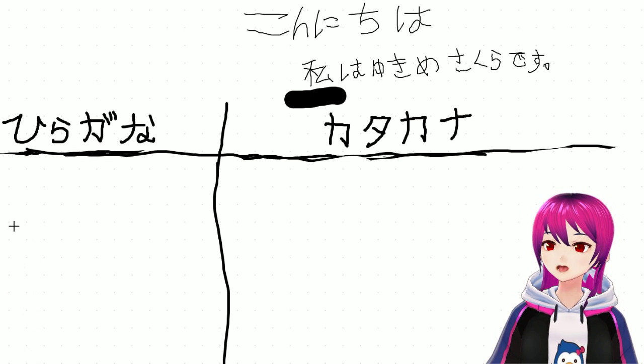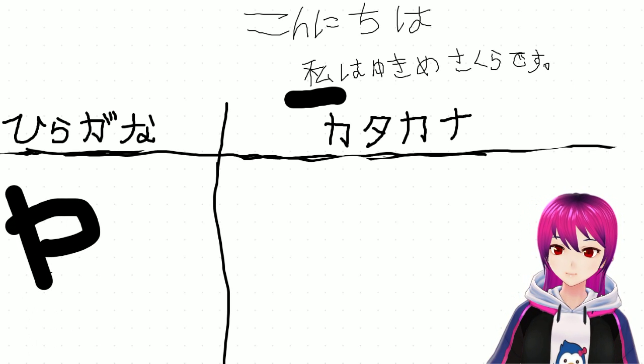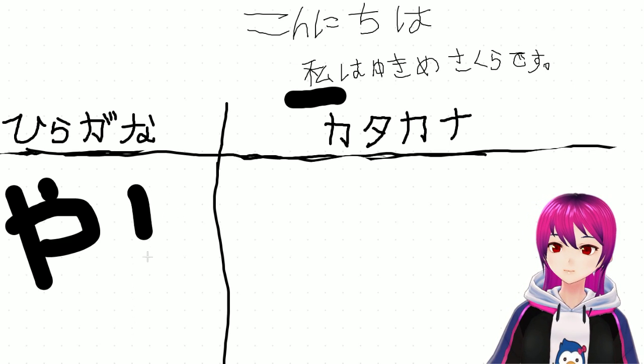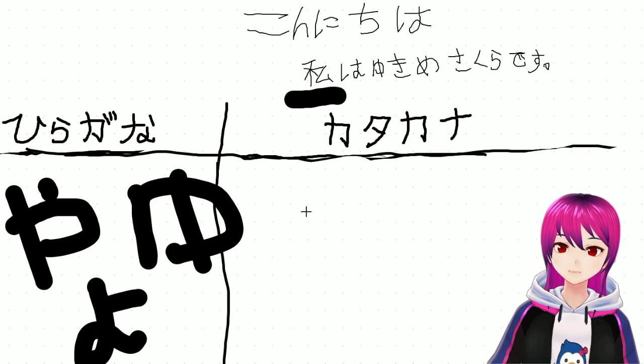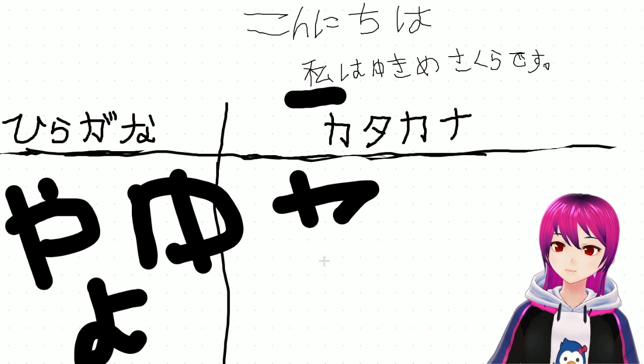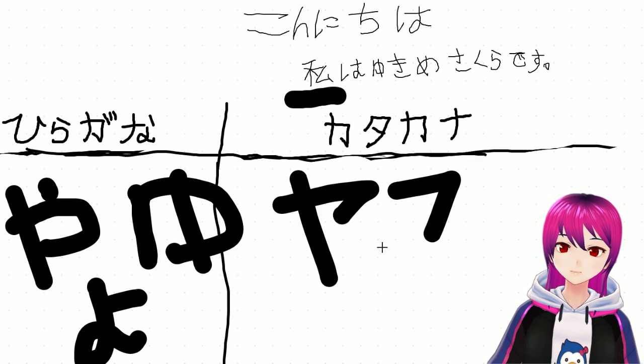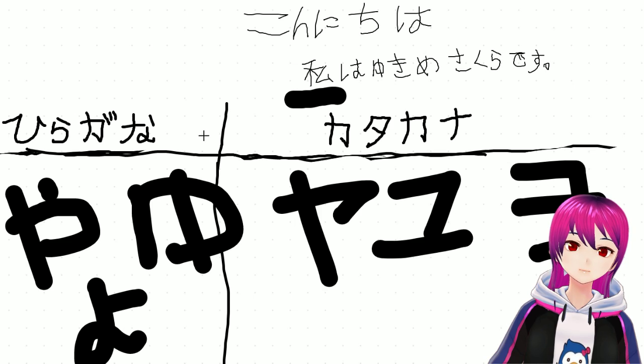Then we have the Y series with ya, yu, and yo, which looks like this in Katakana. Ya, yu, and yo.